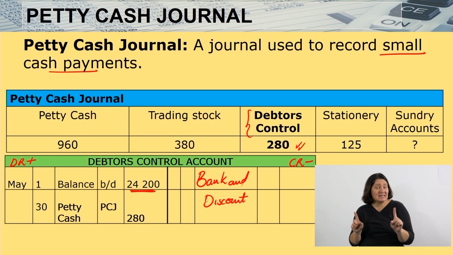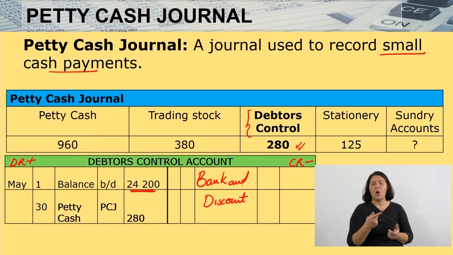However, if the amount that they have paid us is more, they could have overpaid us, then that amount we should refund back to the debtors. The moment we refund it, if it's a small amount, then we can refund it from the petty cash journal.